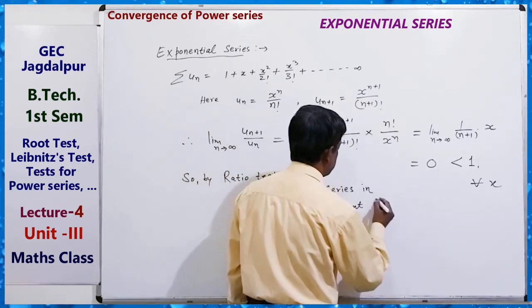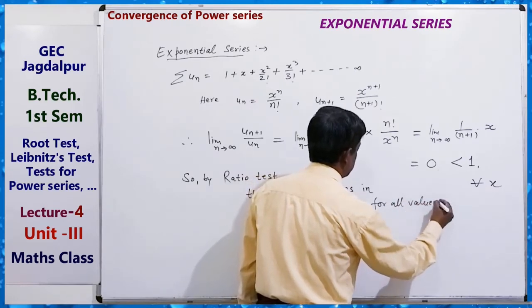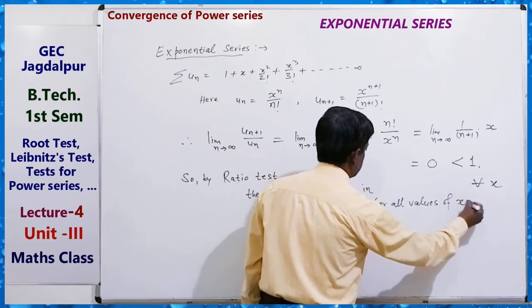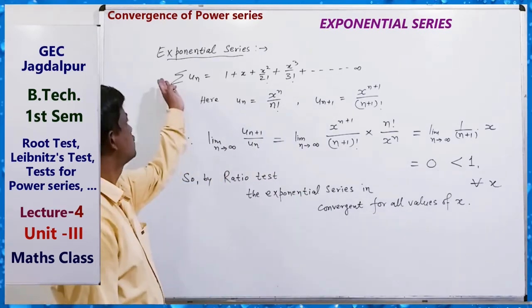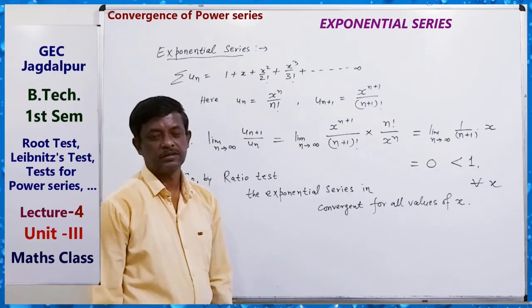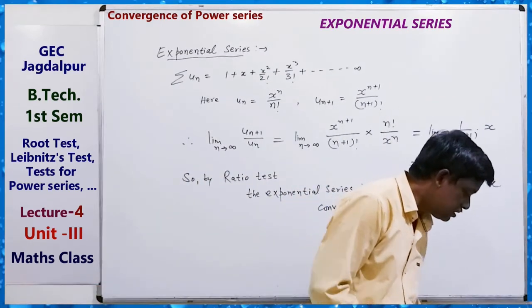You can also write it this way: for all values of x, the exponential series is a convergent series. Okay. Now the logarithmic series.